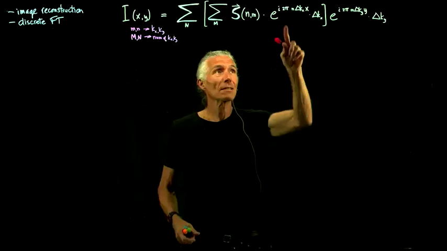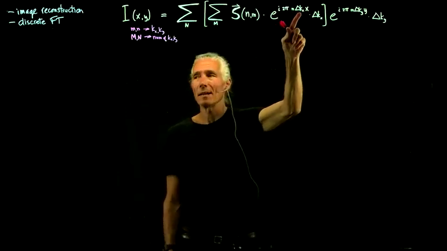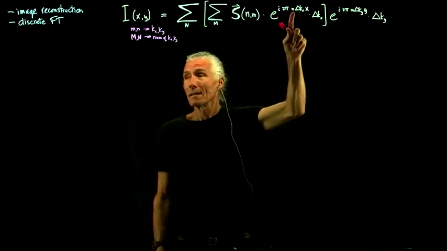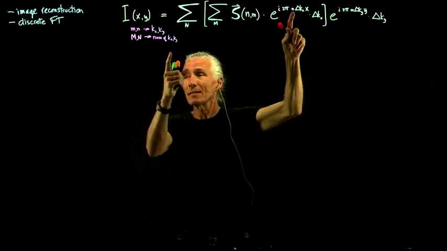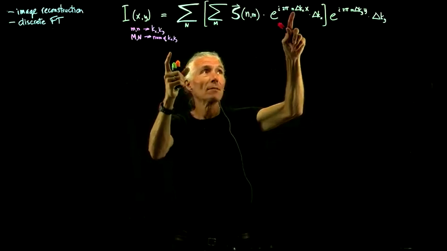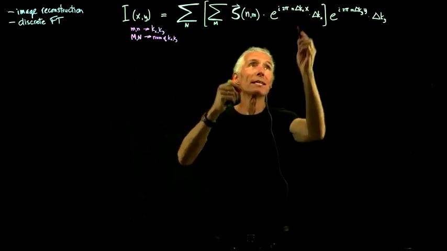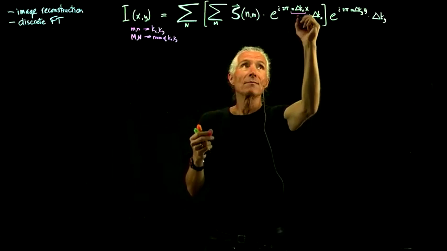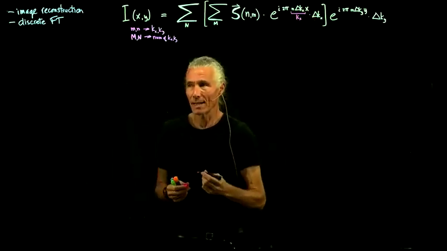When we multiply n times delta kx, that means for a given integer number in spatial frequency space, we multiply by the interval, and what we get out of that is basically what we would have had in the previous integral equation as just kx.